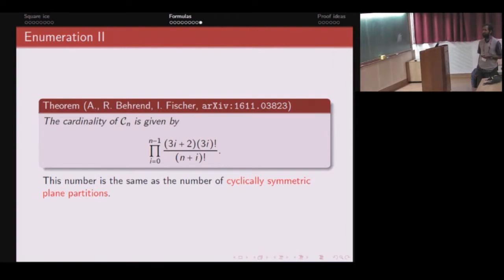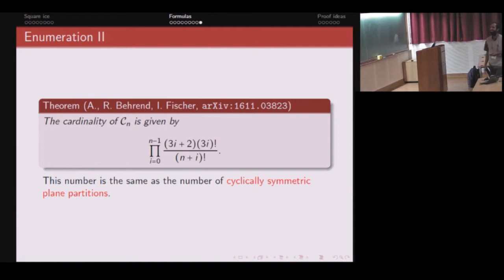This appears in some enumeration problems involving plane partitions, completely unexpected, and there's no clear answer for why this is the case. And yeah, you might notice that this has been on the arXiv since 2016. That just tells you the timeline of publications in the mathematical sciences.